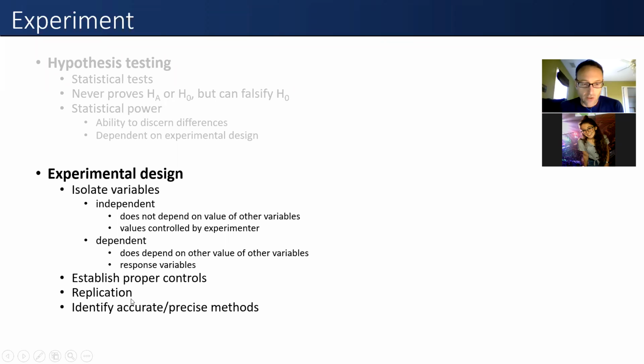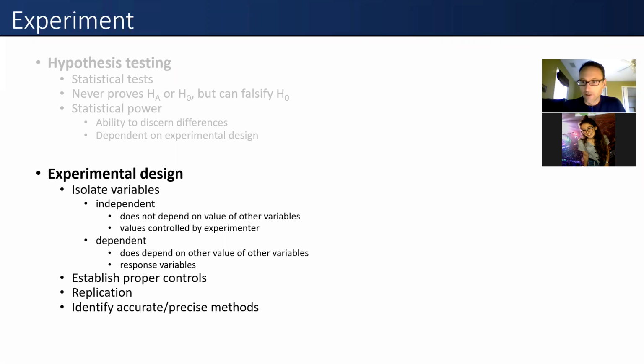And then we want to make sure that we are replicating our experiments. So what that means is that we have enough independent measurements to be able to get an idea of the distribution of the variables that we're trying to measure. And I'll give you an example of that in a minute here.